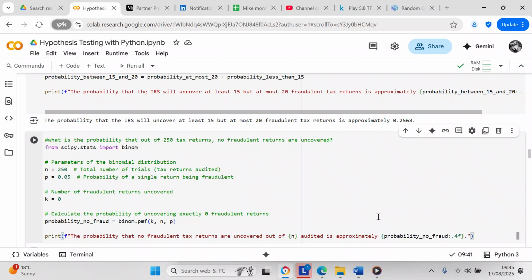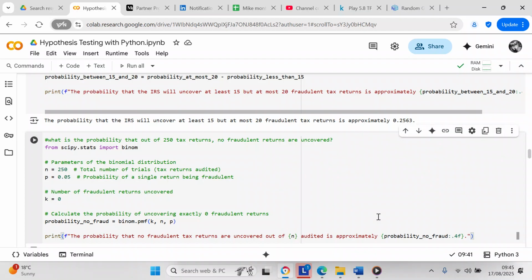So we're going to calculate the probability of uncovering exactly 0 fraudulent tax returns. So probability no fraud equals binom.pmf, K equals 0, comma, N equals 250, comma, P equals 0.05.